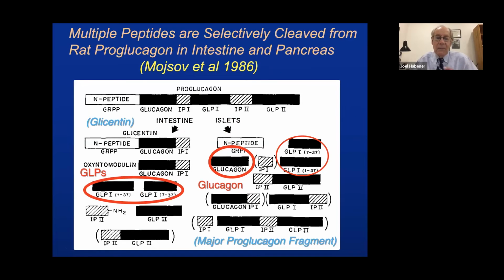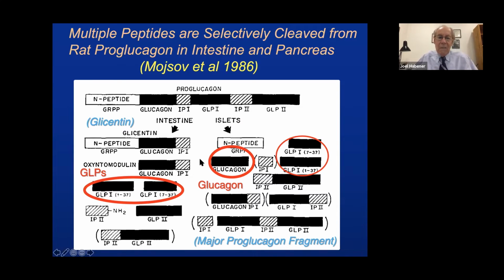Then the next step, after having gotten the roadmap, the hypothetical structure from the DNA decoding, was to see how the peptides are really distributed in the intestine versus the islets.